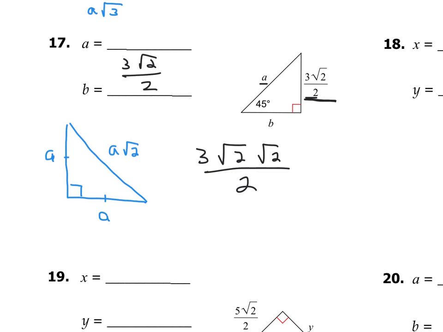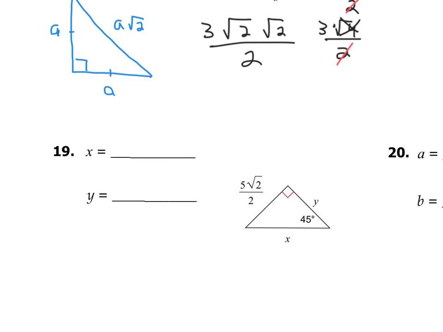Now, square root of 2 times the square root of 2 is just going to give us the square root of 4, and the square root of 4 is actually just 2. And so we can rewrite that as 3 times 2 all divided by 2. Well, the 2's divide out, so we end up with A equals 3.